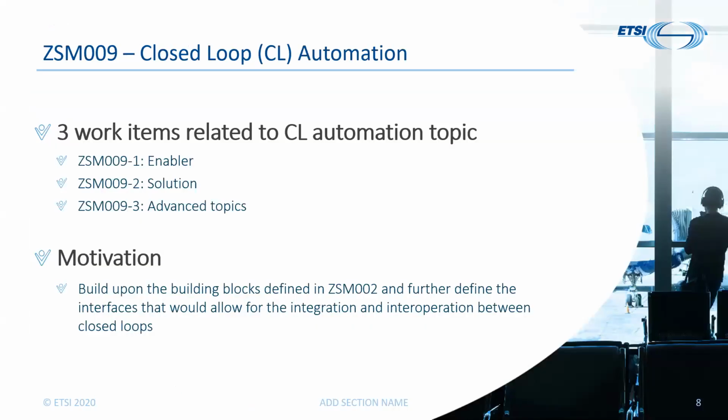And the loop continues while the issue persists. There are 3 work items related to the closed loop automation topic in ZSM. The motivation is to further specify how closed loop automation within the ZSM framework can be realized.